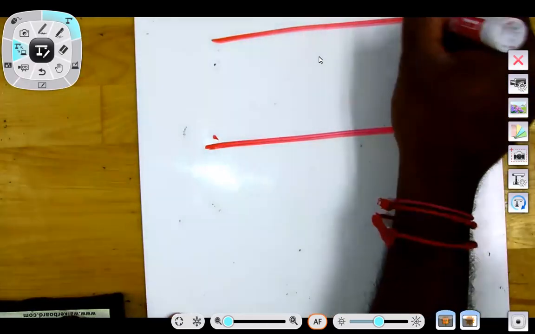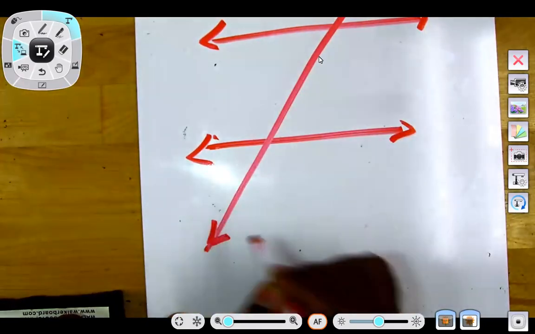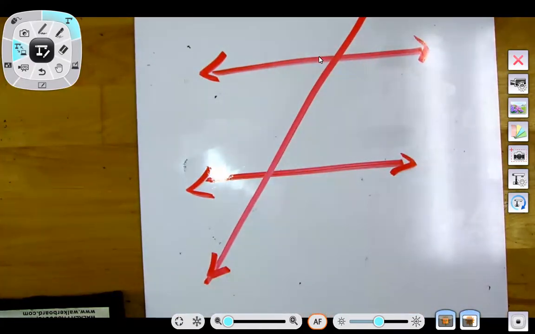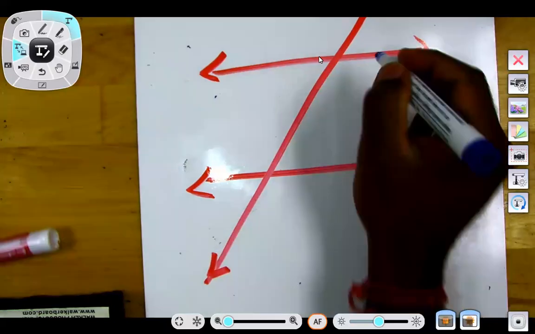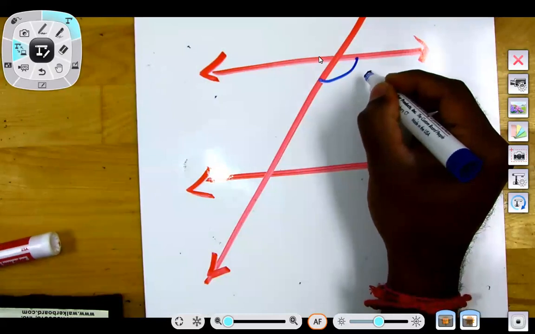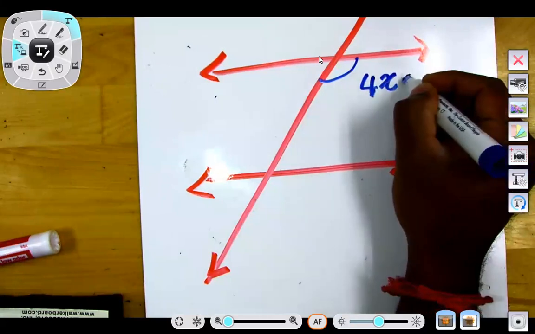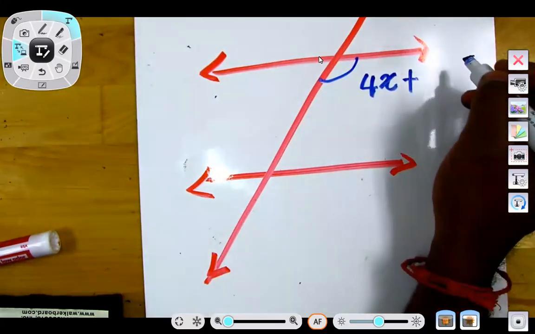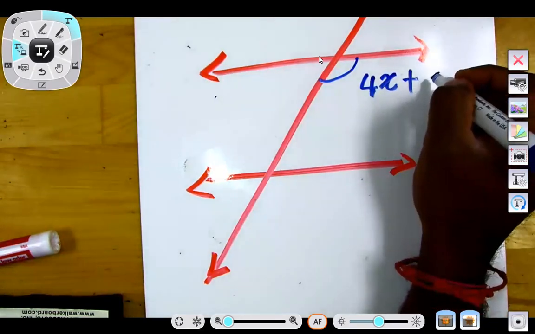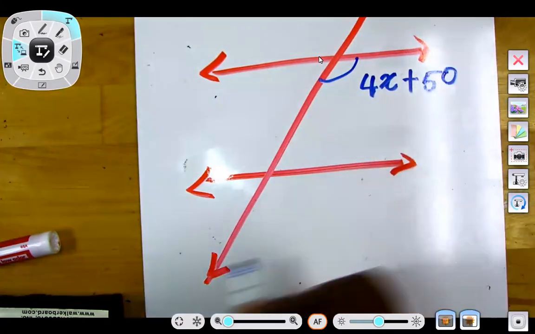Two parallel lines, and this is the transversal. I can give this angle as 4x plus 450. All right.